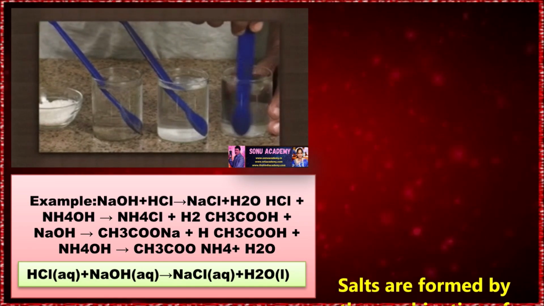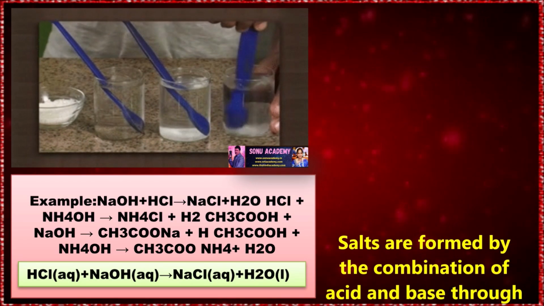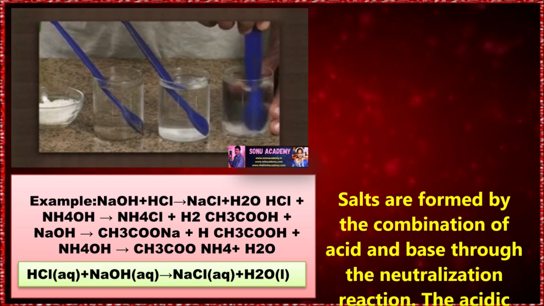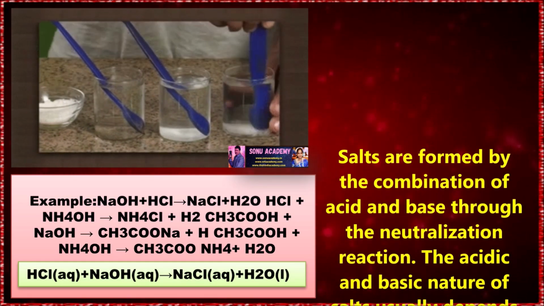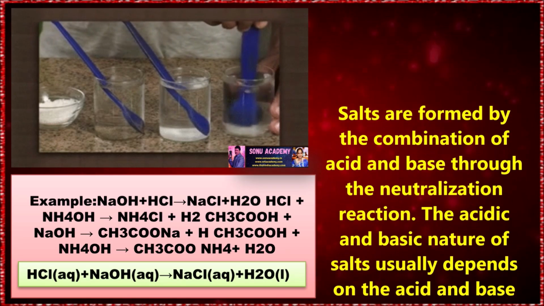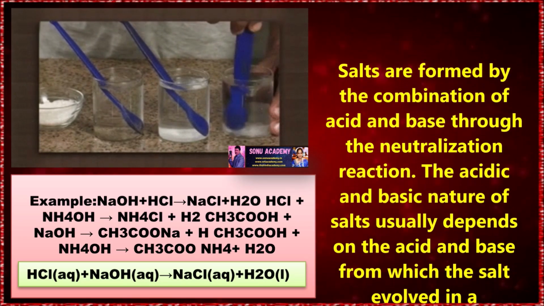Salts are formed by the combination of acid and base through the neutralization reaction. The acidic and basic nature of salts usually depends on the acid and base from which the salt evolved in the neutralization reaction.